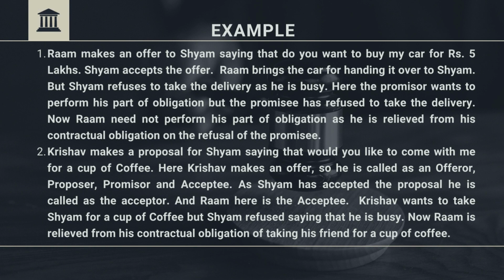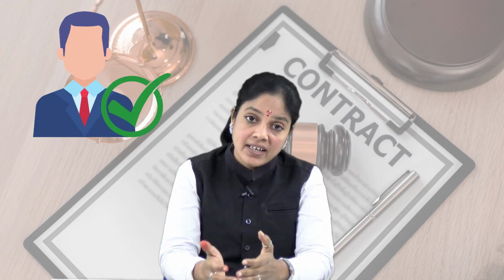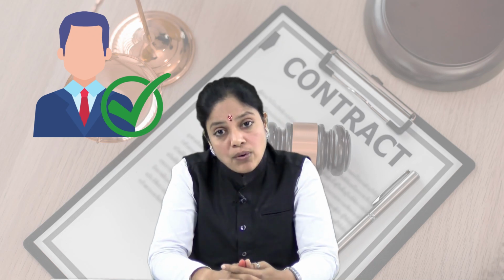Ram has made a proposal. The person who makes a proposal is called the proposer, offerer, or promisor, and the person to whom the offer is made is called the offeree, or the acceptor, or the promisee. Here the offerer is also called the promisor. So, attempted performance.